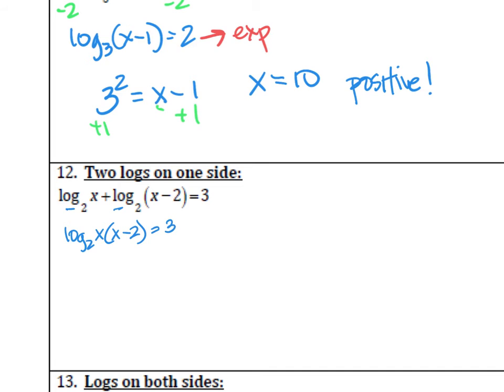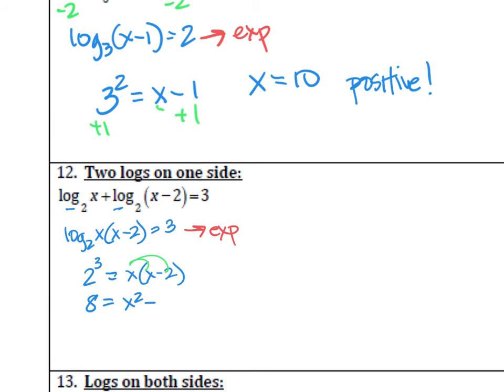We can turn around and write it into exponential form. We would have 2 as our base. The 3 ends up being that power of the 2, and then we have it equal to the argument. What do we do next? See that x? We need to distribute. And the 2 to the third power is 8.